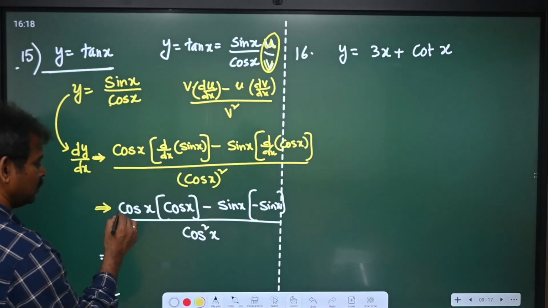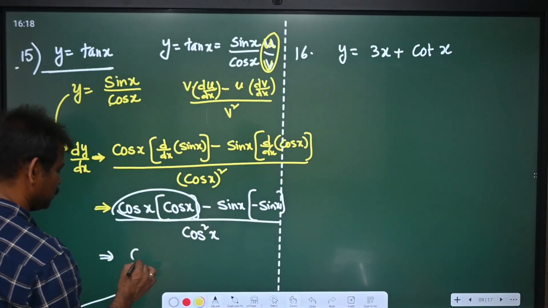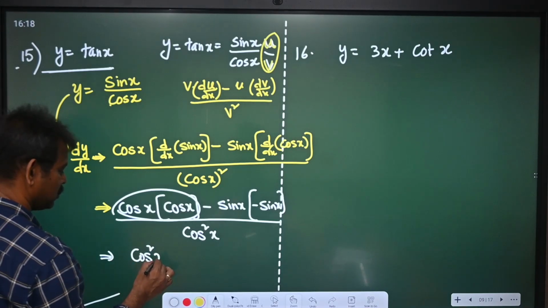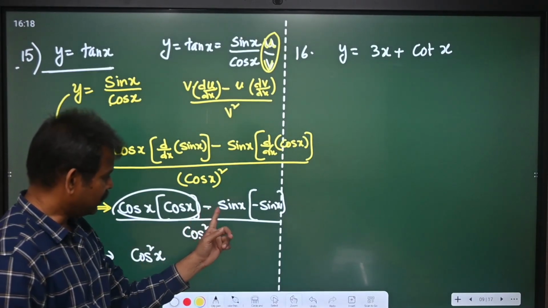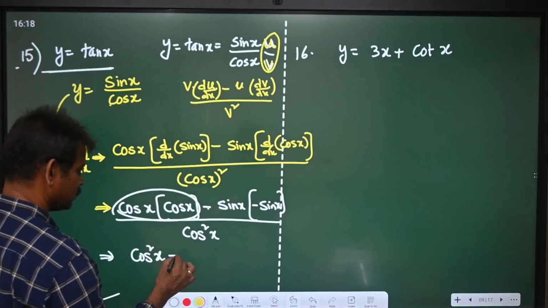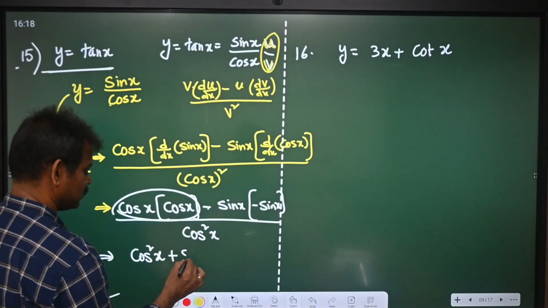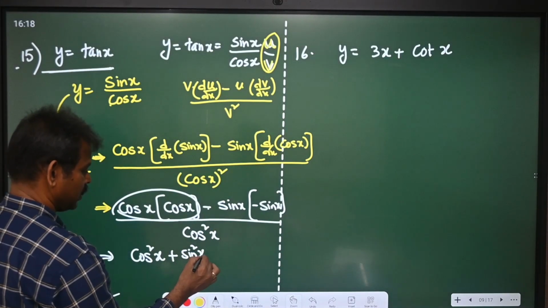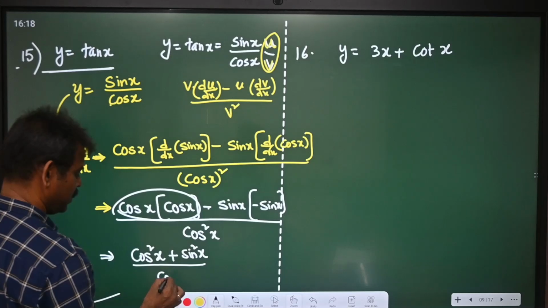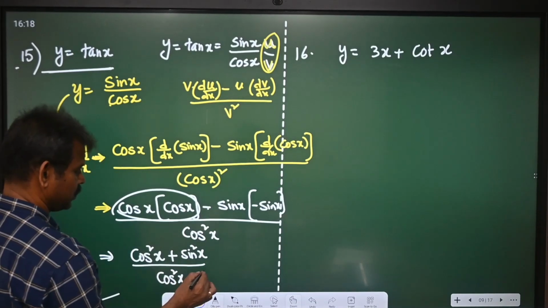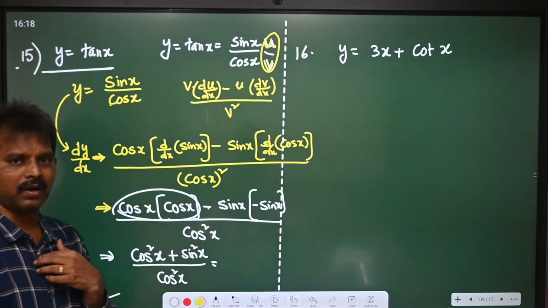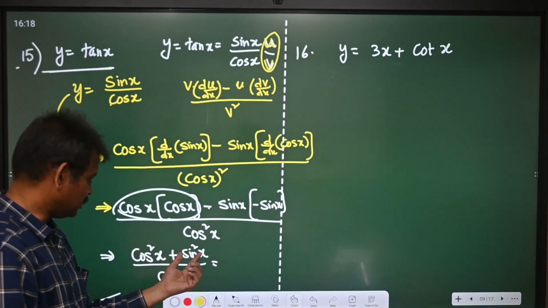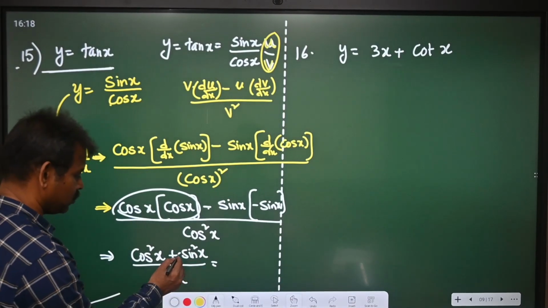Now this can be written as cos x into cos x, cos square x, minus of minus will become plus, sin x into sin x, sin square x divided by cos square x. But we know from trigonometric identities, sin square x plus cos square x is equal to 1.